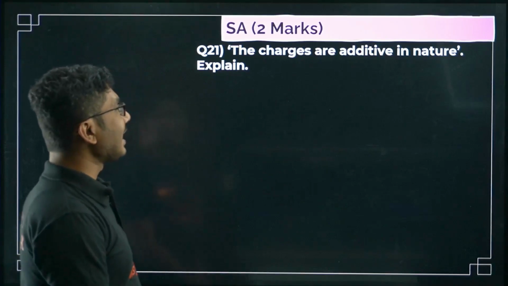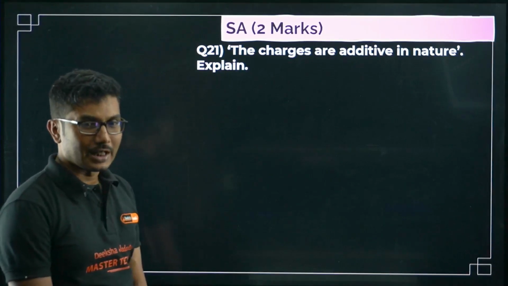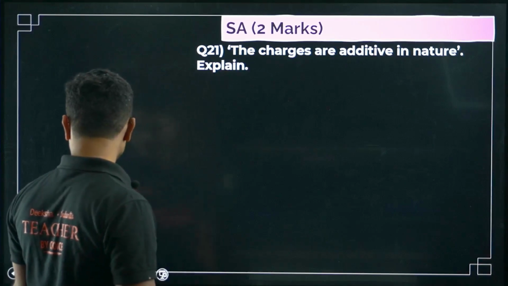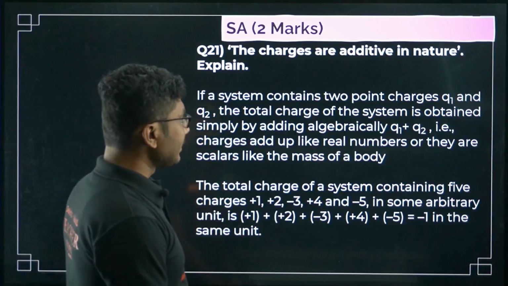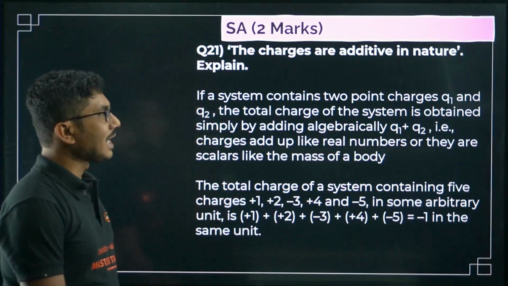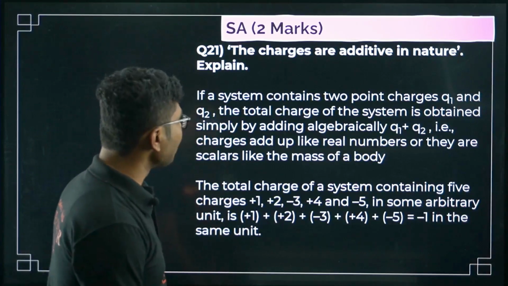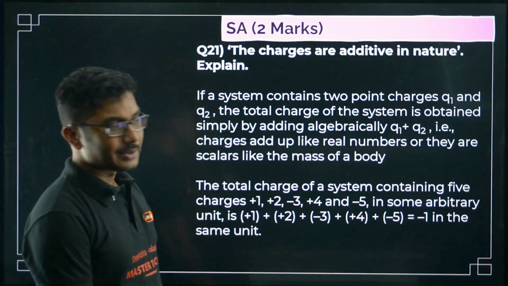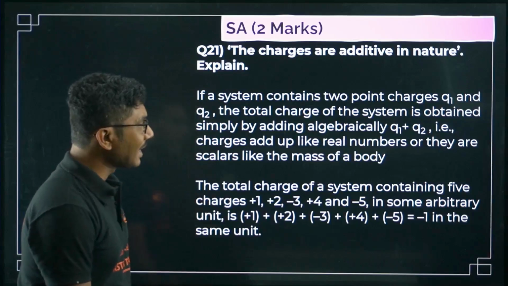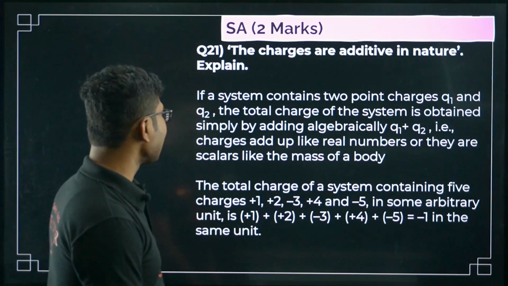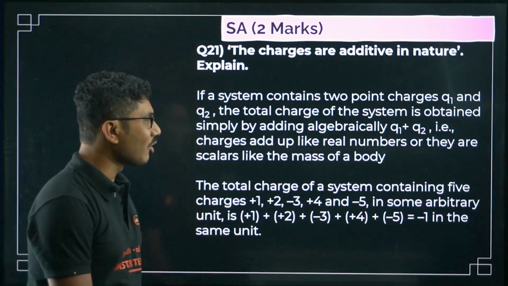The charges are additive in nature, explain. So let's see what is the meaning of this. If a system contains 2 point charges Q1 and Q2, the total charge of the system is obtained simply by adding them algebraically, that is Q1 plus Q2. That is, the charges add up like real numbers, or they are scalars like the mass of a body.